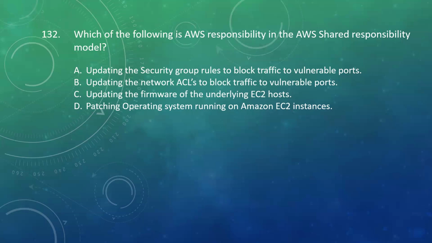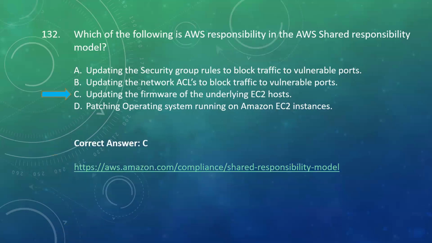Now, remember the quote that I was mentioning in one of the previous questions. AWS is responsible for security of the cloud, and customers are responsible for security in the cloud. Going by that statement, you should understand that the correct answer is updating the firmware of the underlying EC2 host.